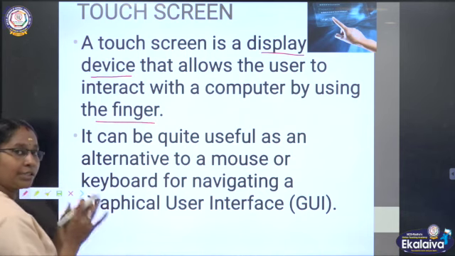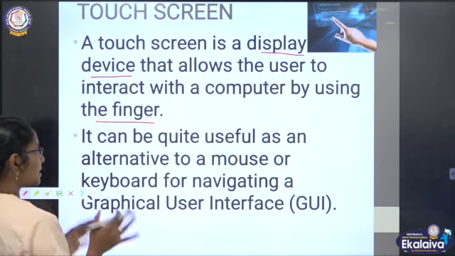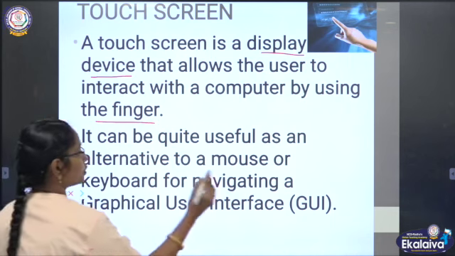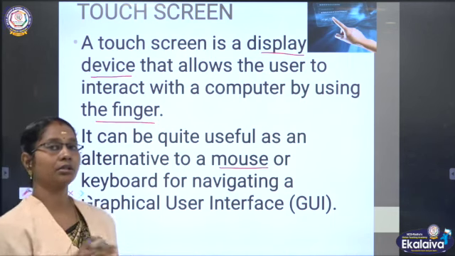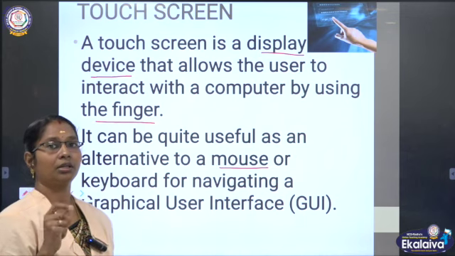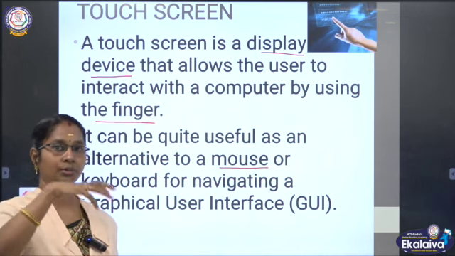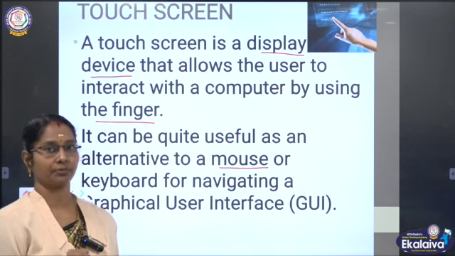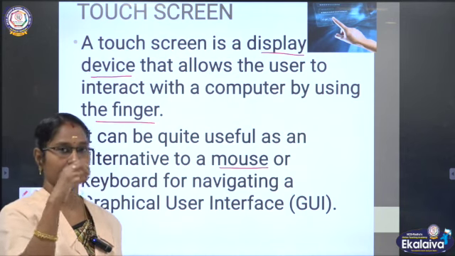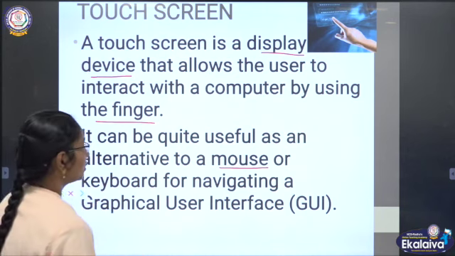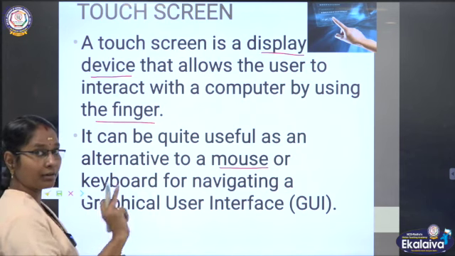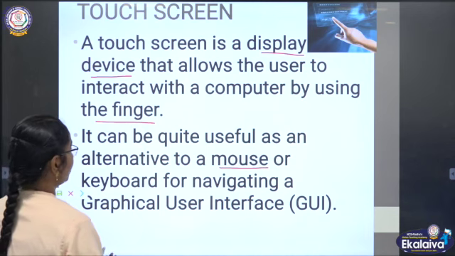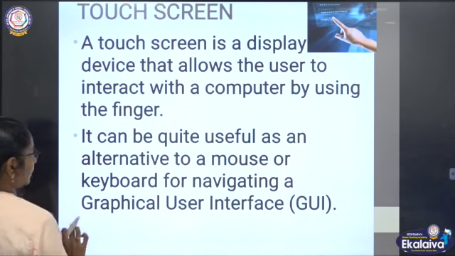It can be quite useful as an alternative to a mouse. Some people find it very difficult to learn how to handle the mouse. So for them, they have introduced touch screen. Using your finger, you can do any task.